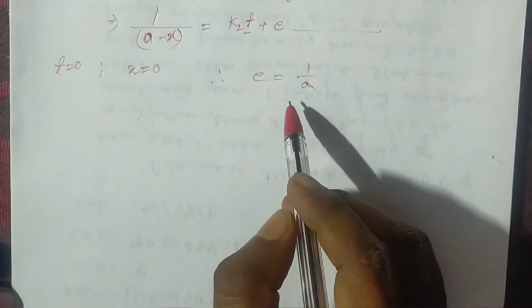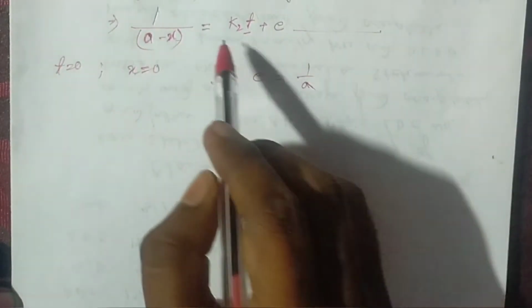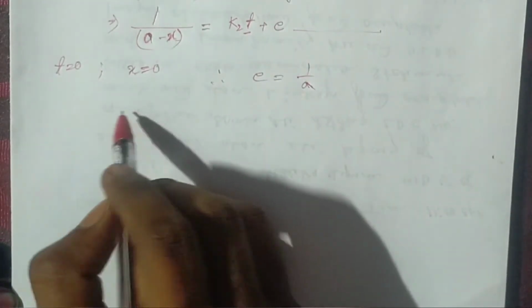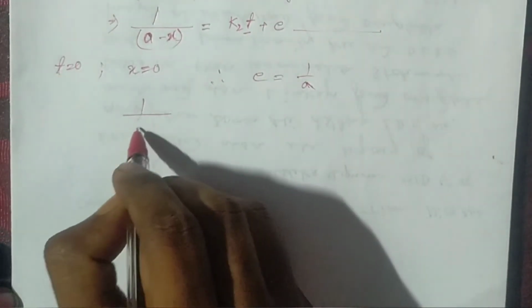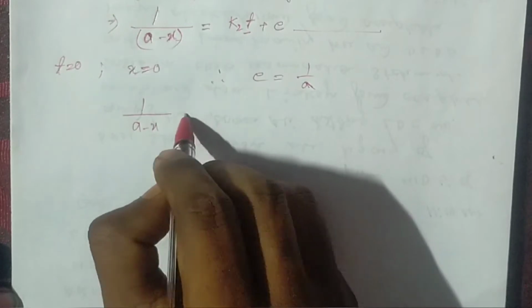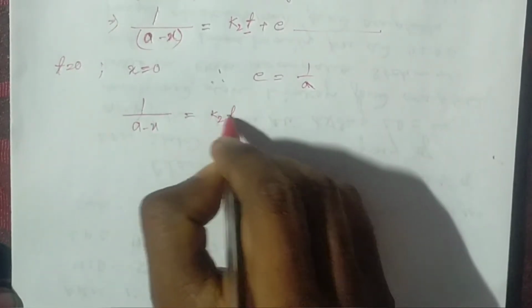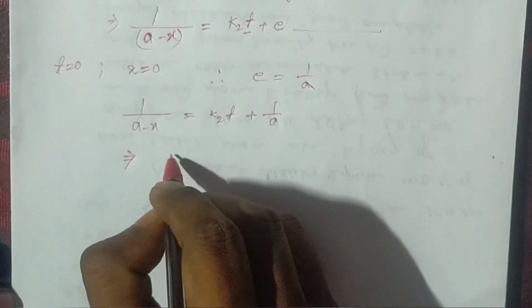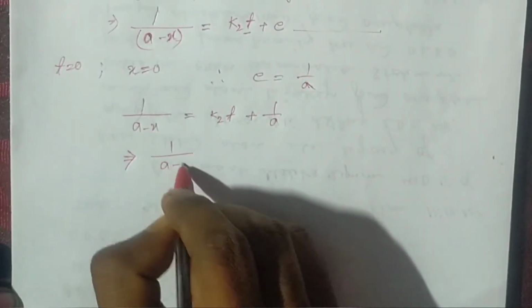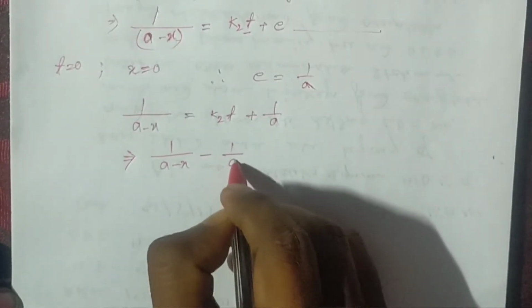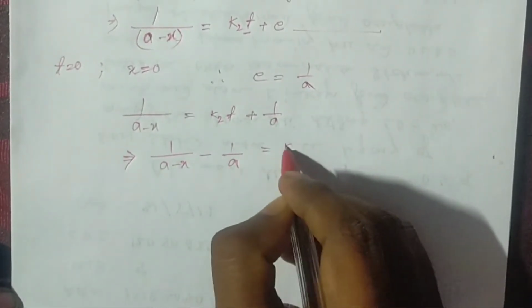When we put this c value in the equation, we get 1 by (a minus x) is equal to k2t plus 1 by a, and it gives 1 by (a minus x) minus 1 by a is equal to k2t.